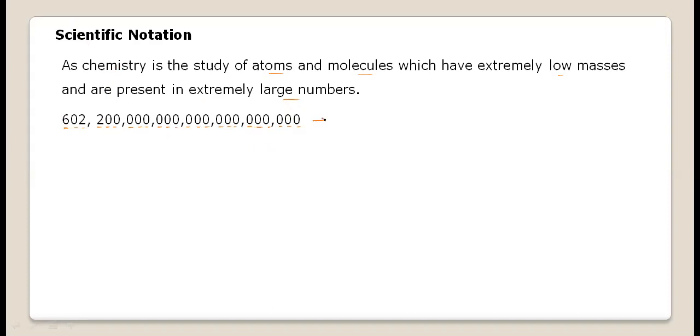It is the number of hydrogen molecules present in 2 grams, which represents 1 mole of hydrogen. We'll learn mole and all in detail in the concept of Avogadro number and mole concept.